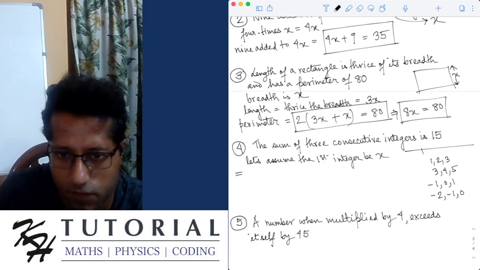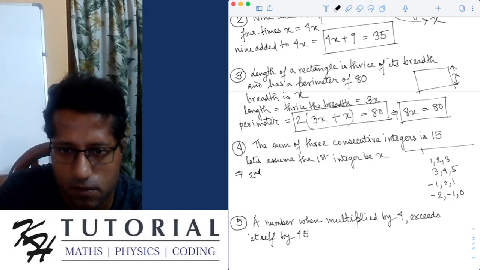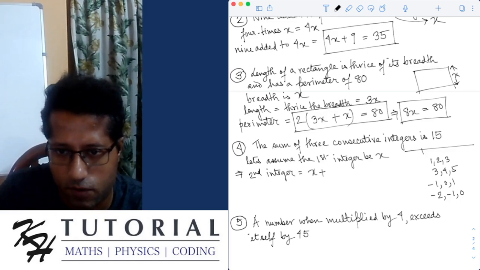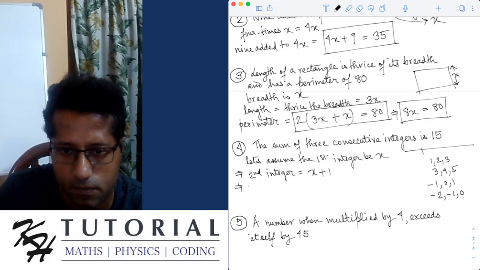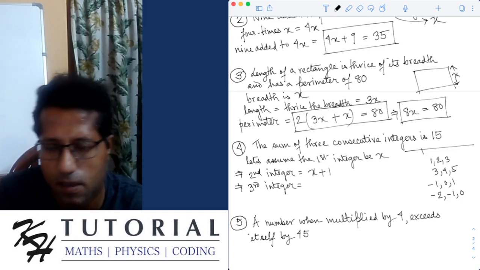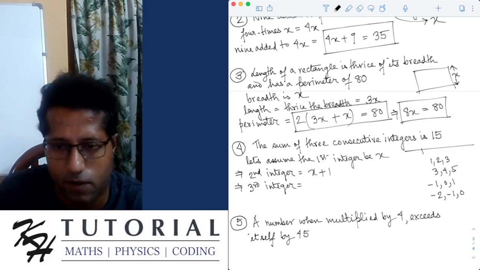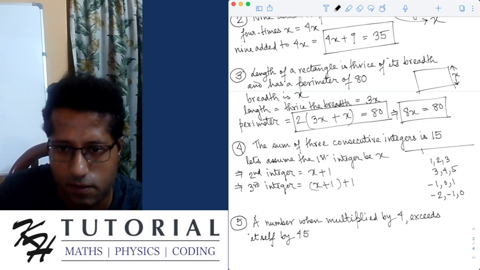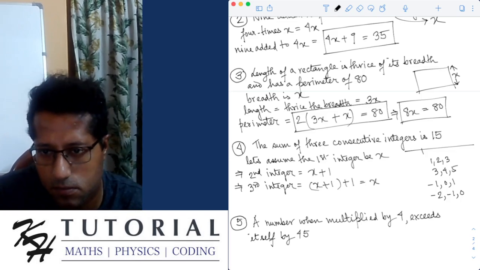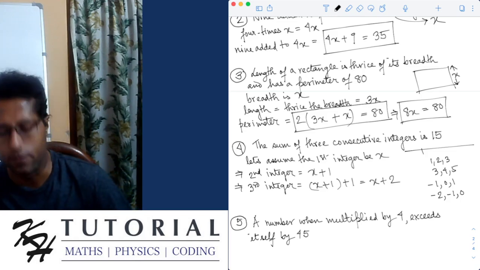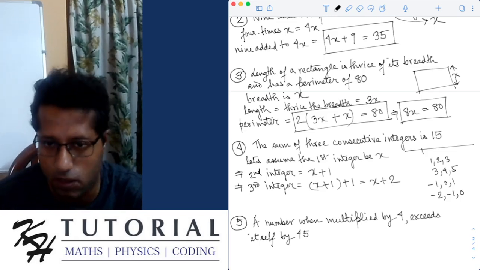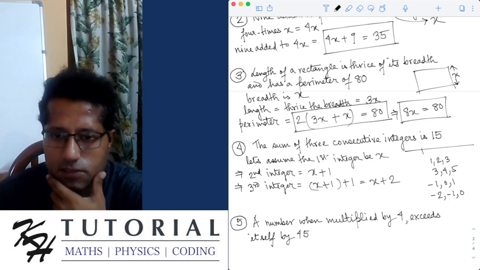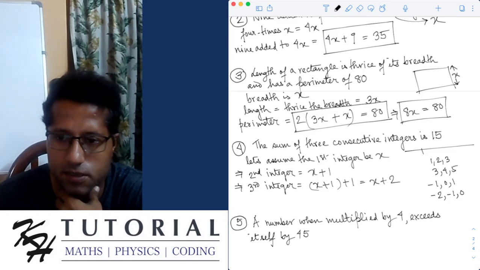Therefore the second integer will be x plus 1, one more than the first one. Also the third integer will be one more than the second integer, that is x plus 1 plus 1, which is x plus 2. So in terms of the unknown variable x, the first integer is x, the second integer is x plus 1, and the third integer is x plus 2.